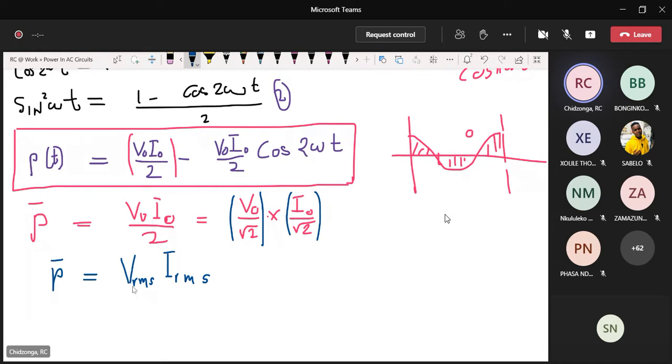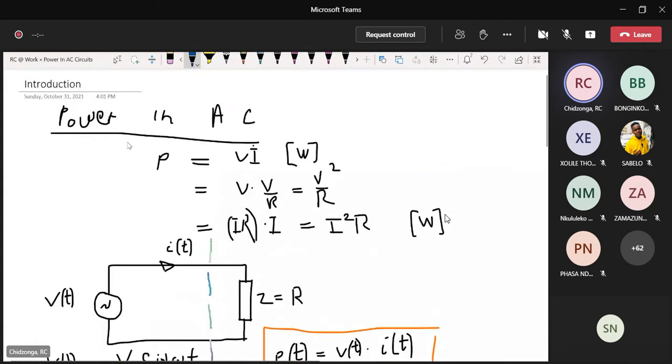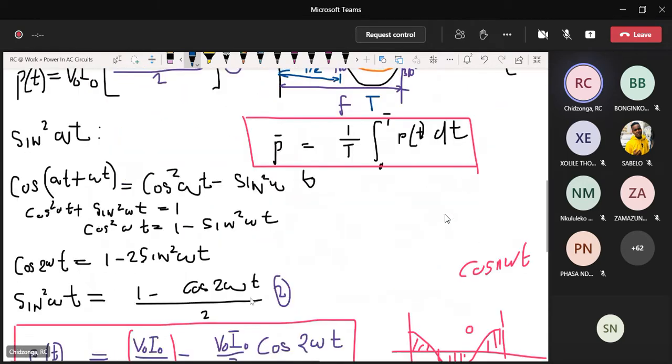The root mean square voltage times the root mean square current gives the average power. It is resembling this equation here, if you go back to where we started. It's resembling that equation. That is why we define the root mean square current and the root mean square voltage.